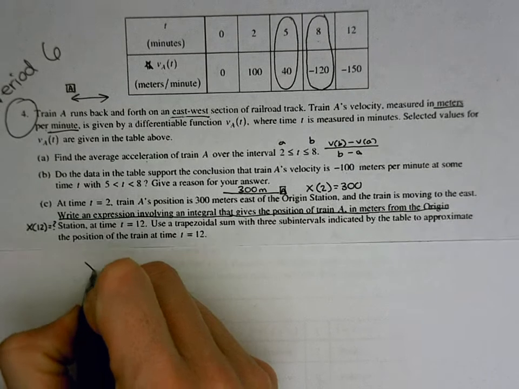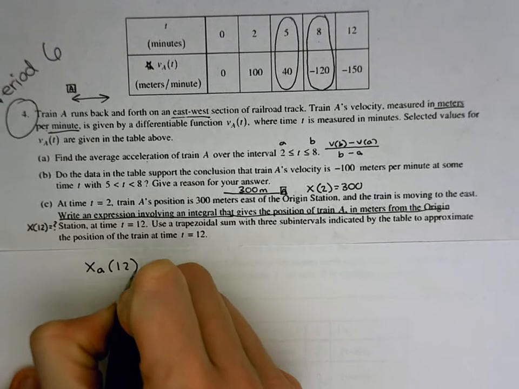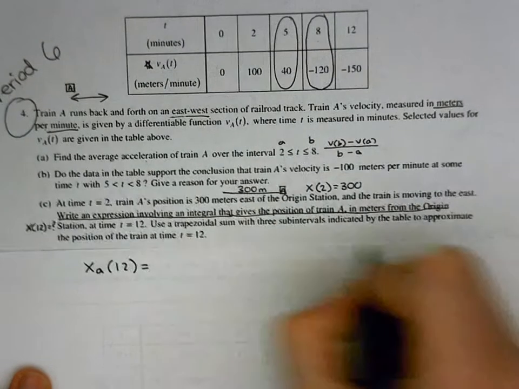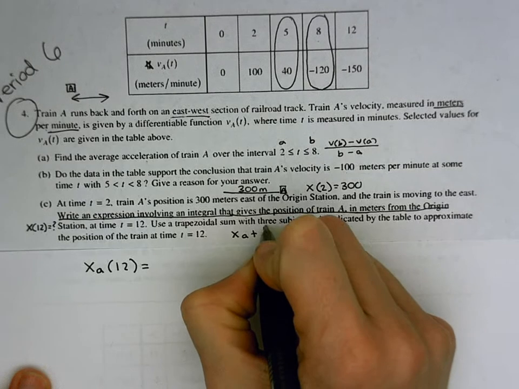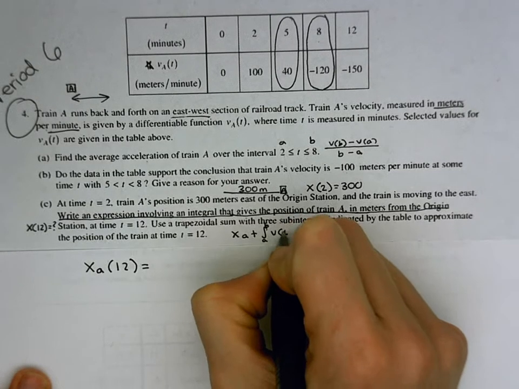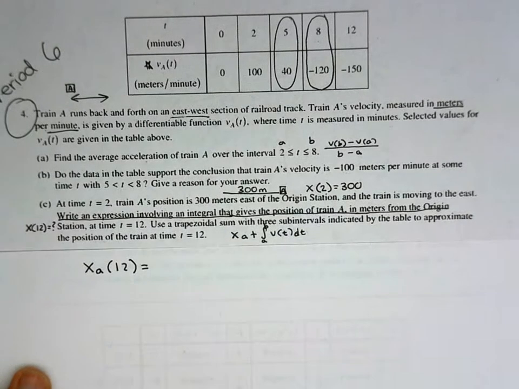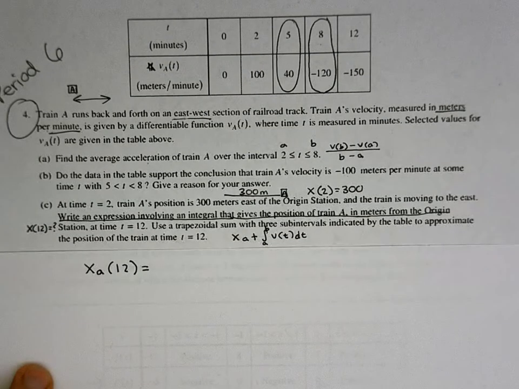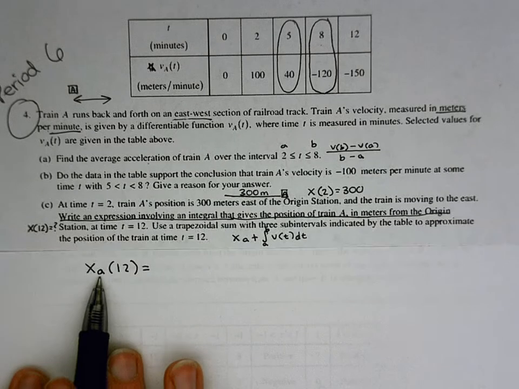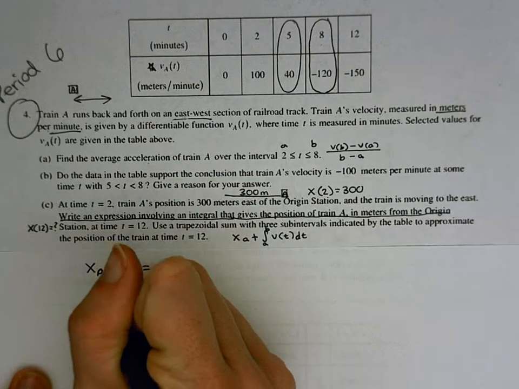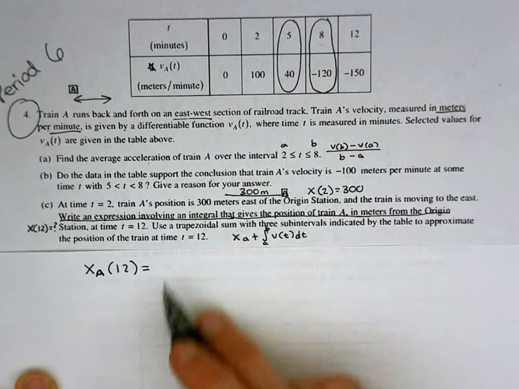Well, position, I know my desired position formula is, let's write it up here, x sub A plus the integral from A to B of your velocity. This is again from Unit 7, the desired position formula. If I'm writing an expression for time t equals 12, I'll change the little a to a capital A so it matches my velocity, because I know I'm talking about train A.